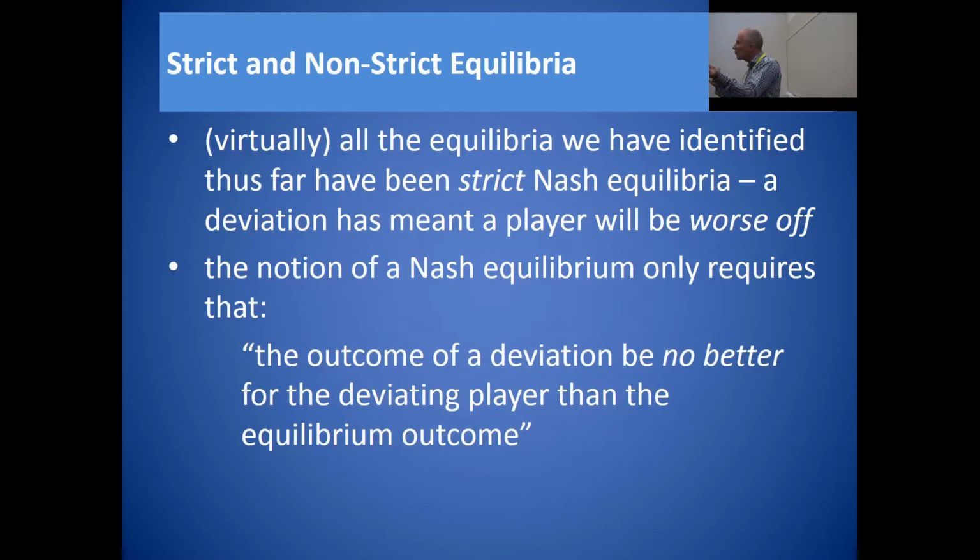If you're no better off, there is no incentive to deviate. There's only an incentive to deviate, do something different, if you get a higher payoff. But all that's required for a Nash equilibrium to exist is that the deviating player is no better off. When that happens, we can introduce the idea of a non-strict Nash equilibrium.